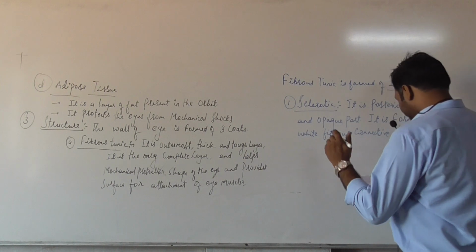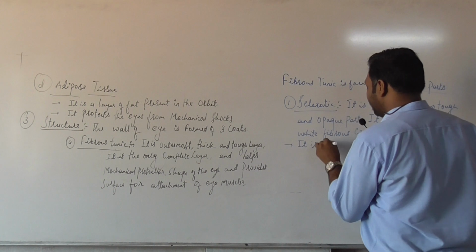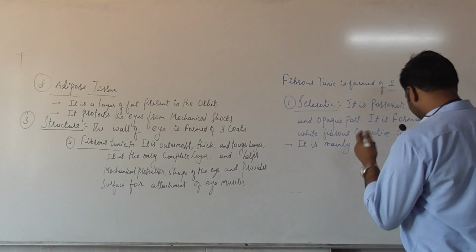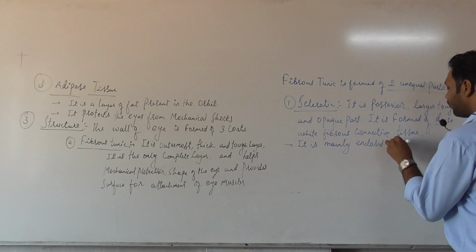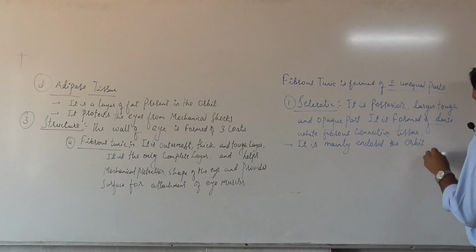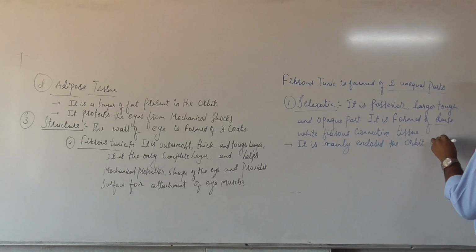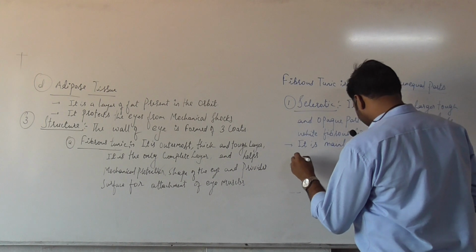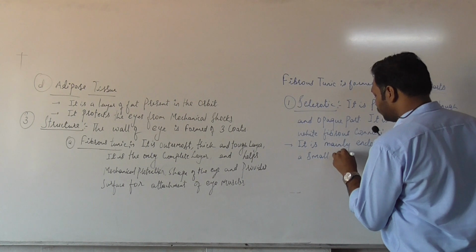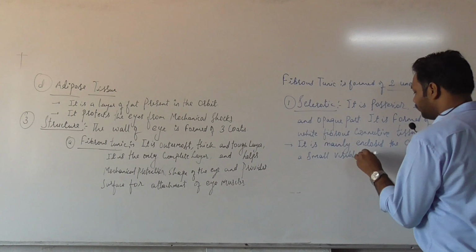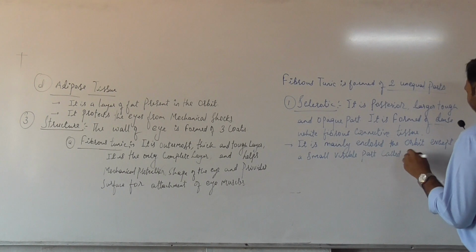Fine. The next, it is mainly enclosed in the orbit, except a small visible part called white of eye.